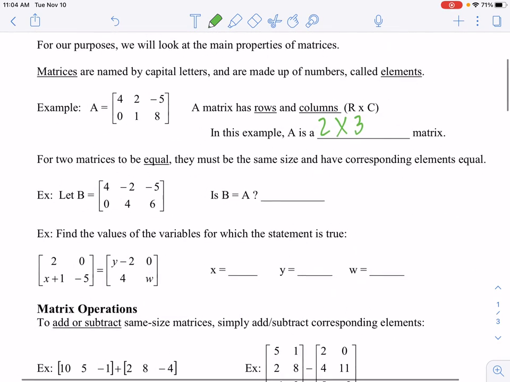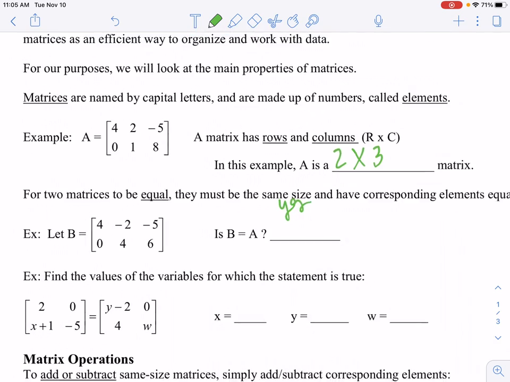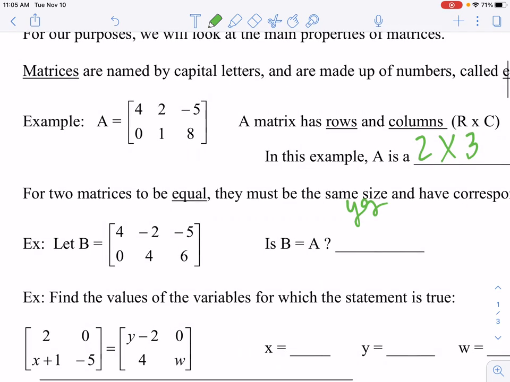So for two matrices to be equal, they must be the same size and have corresponding elements equal. So this is B, and we want to know if B is equal to A. They're definitely the same size. But are the corresponding elements equal?